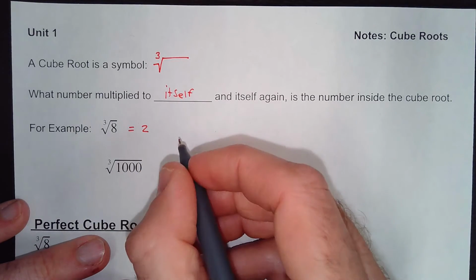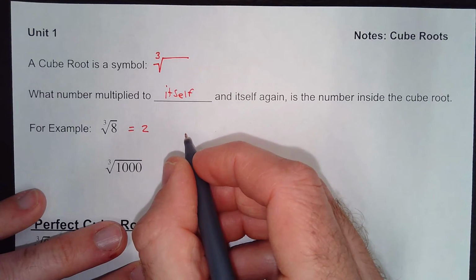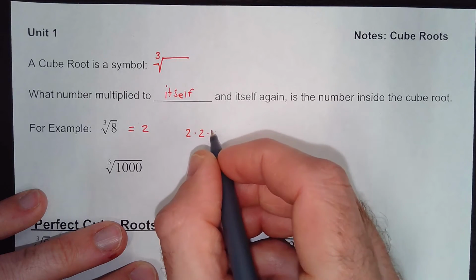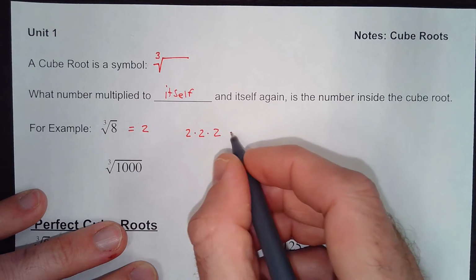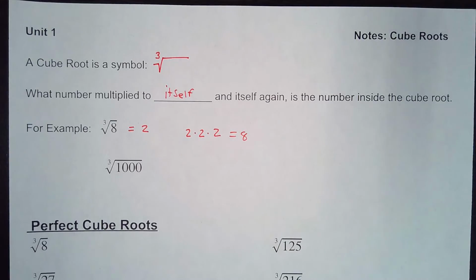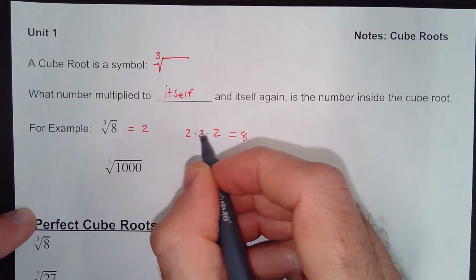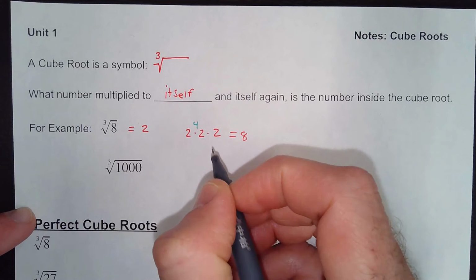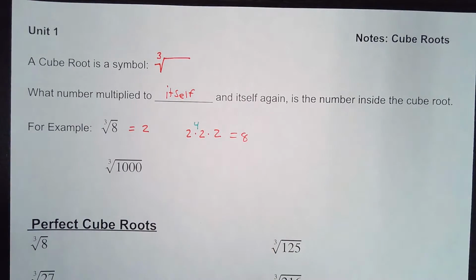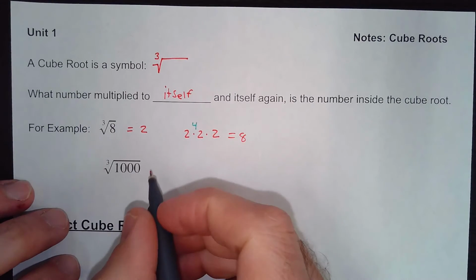And we know this because 2 times 2 times 2 equals 8, right? If you're not sure on that, let's think about this. 2 times 2 is 4. 4 times 2 is 8. So the cube root of 8 is 2.